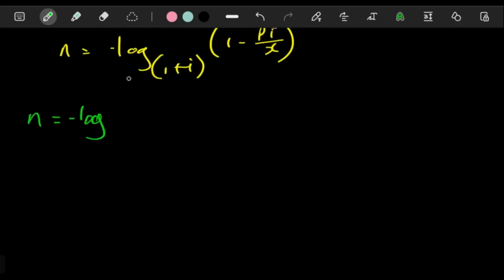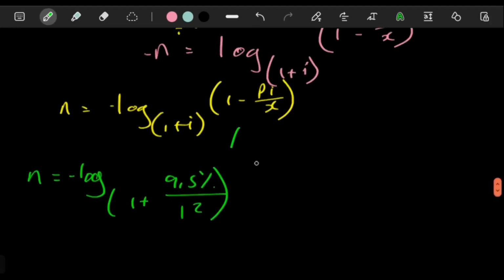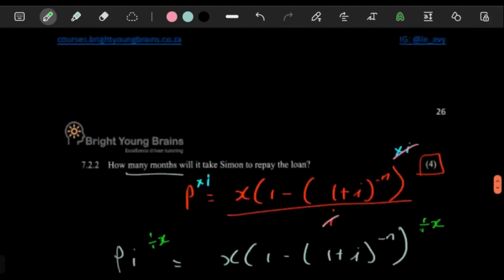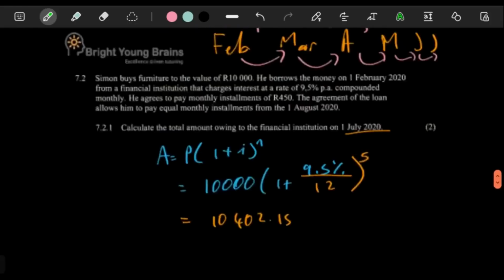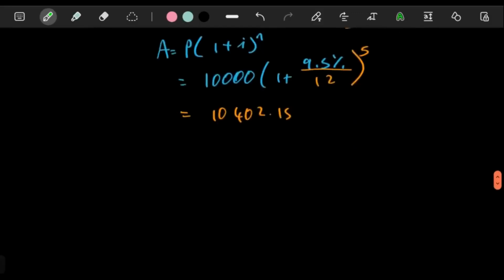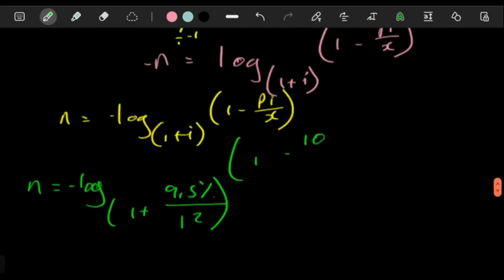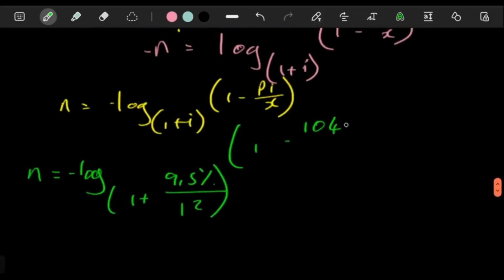So let's see here, log 1 plus interest is 9.5% per annum compounded monthly, so you have to put that over 12. 1 minus p. Remember, as long as your amount has gained interest over some time, the original value doesn't mean anything anymore, because you don't owe that much anymore.